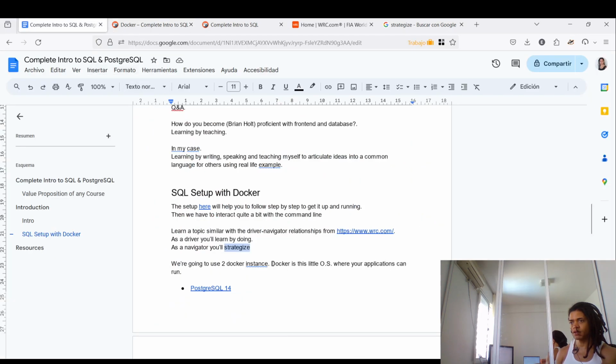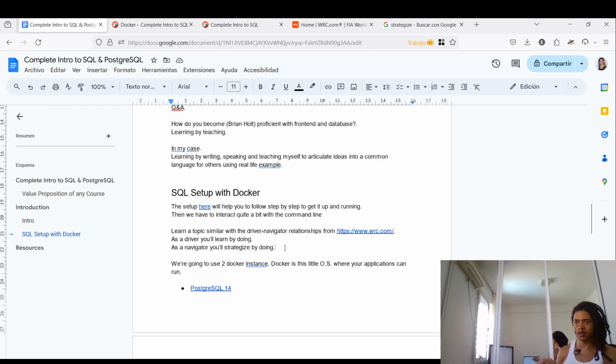And as a navigator, you will strategize your vision. Exactly. As a navigator, you will strategize by doing, or you visualize.